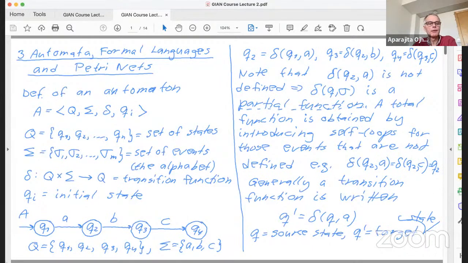And then we have the set of events, which are labels on the transitions. So you have an A, B, and a C event.